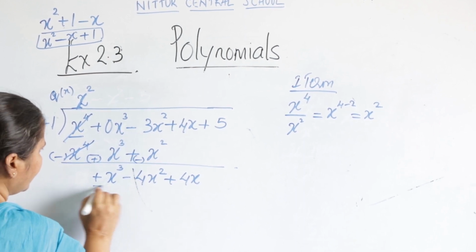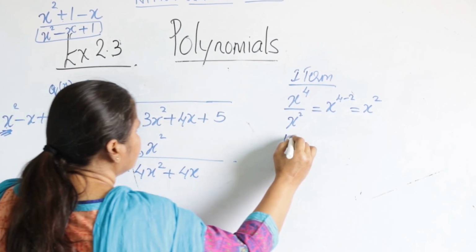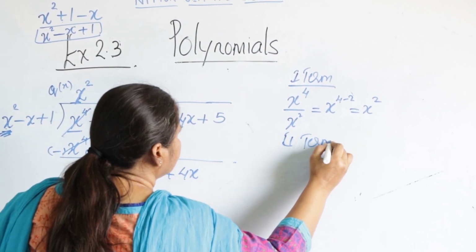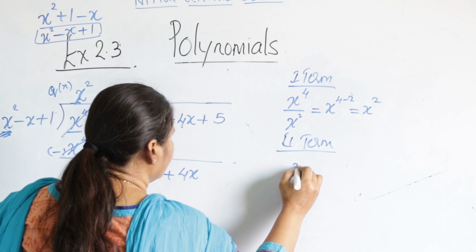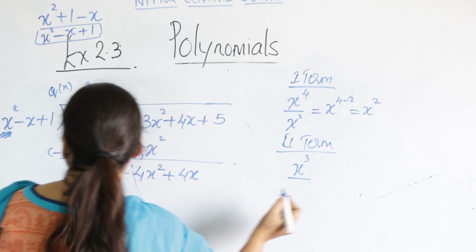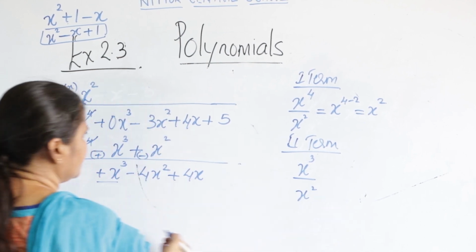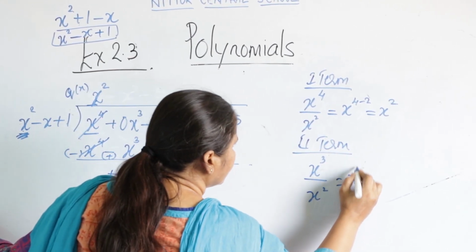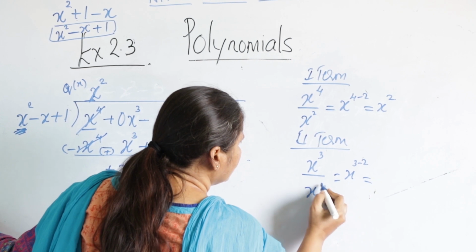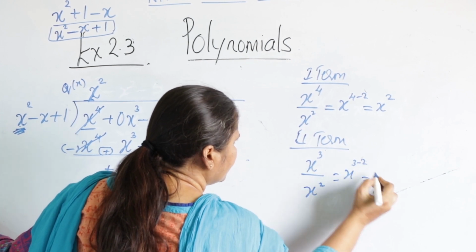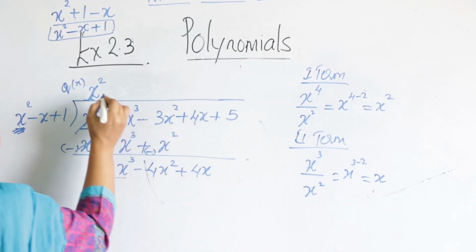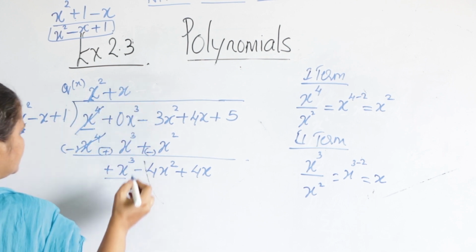Now let us try to get the next term. The second term is x raised to 3 divided by, this will remain the same, x square. So this will be x raised to 3 minus 2, which is x. So it is plus x.